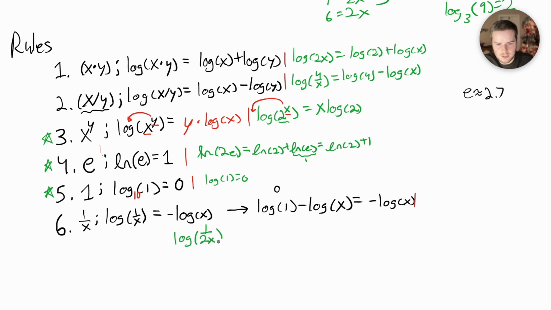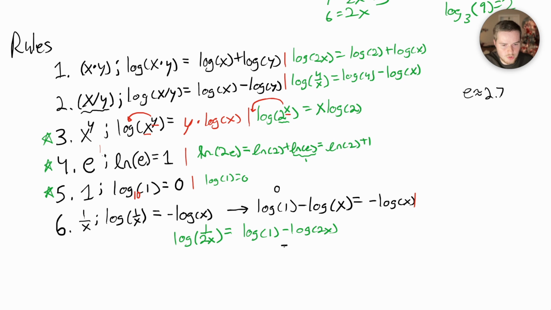Okay, let's say we take the log of 1 over 2x. So we could instantly kind of jump to what we saw here. Well, let's actually work this one out with the prior rules. So we're going to have the log of 1 minus the log of 2x. And now this is interesting because we have to do more for this one log here.